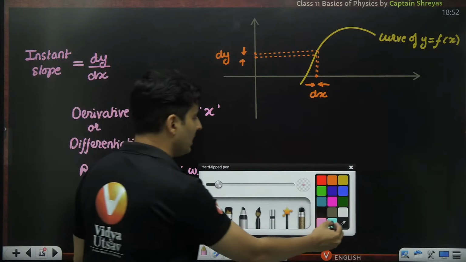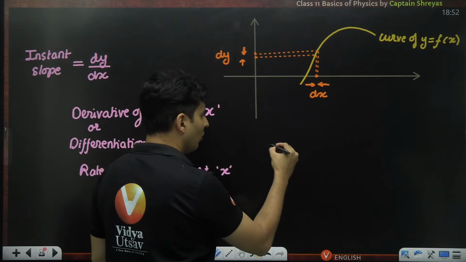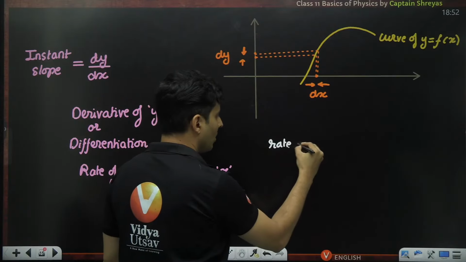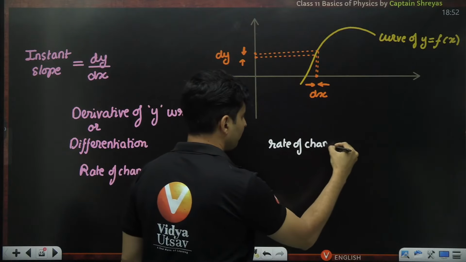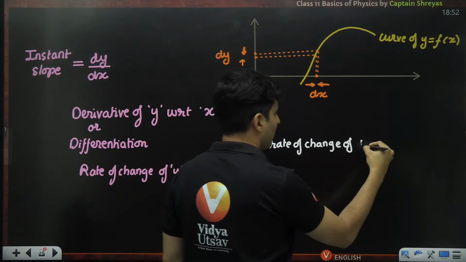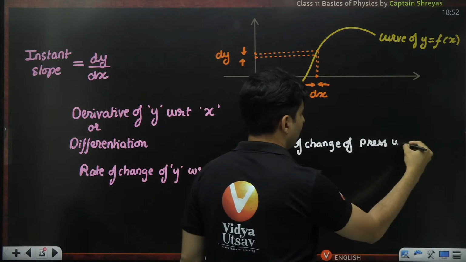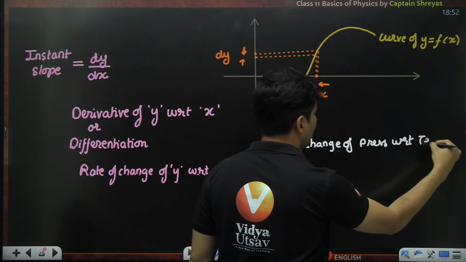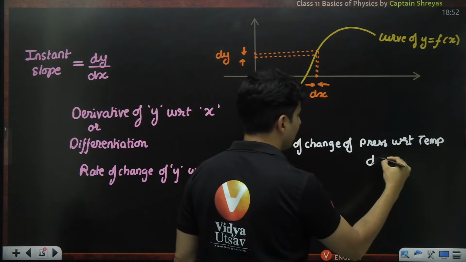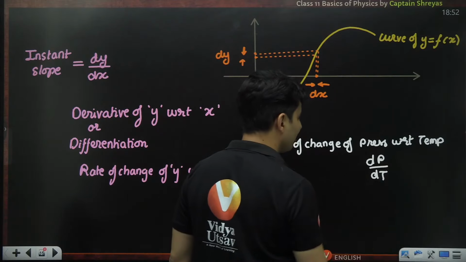So if tomorrow I ask you what is the rate of change of pressure with respect to temperature, it means I'm asking you dp by dt.